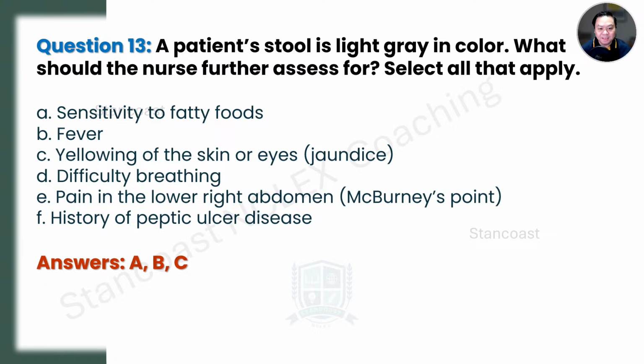That's totally incorrect. What you will find in peptic ulcer disease probably would be dark tarry stools because of a possible bleed from the erosions in the GI lining.